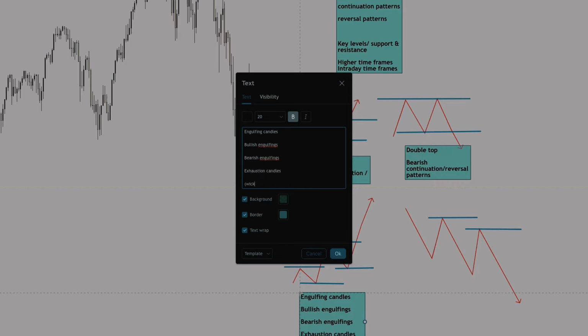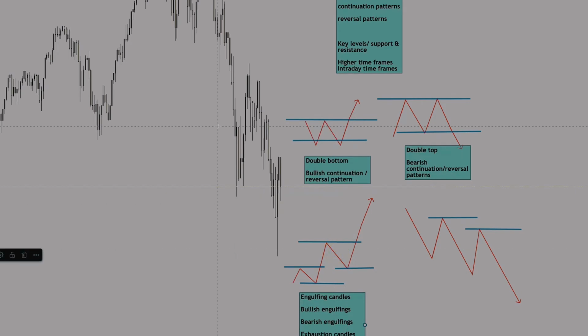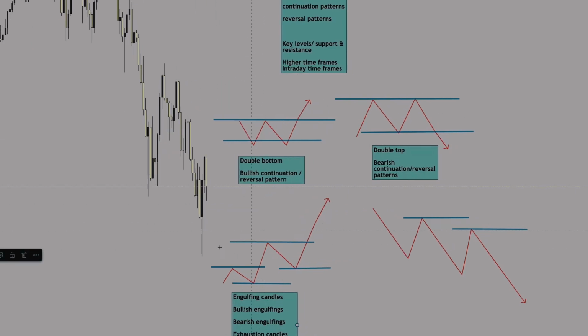Exhaustion candles are candles with long wicks. And what a wick is, if you don't know what that is, it's essentially a candlestick pattern on the lower time frame. Like this would be a wick right here where I'm clicking. This wick would be a pattern on a lower time frame. Now I'll dive into some examples after explaining these basic concepts, but I'm just saying that is what a wick would be.